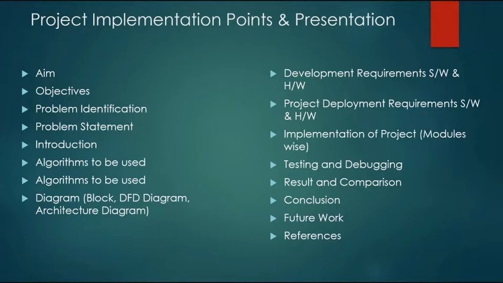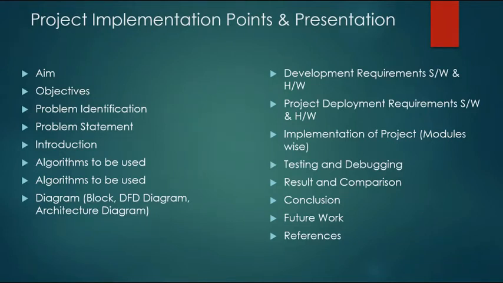Second, after the aim come the objectives. In the first video we also discussed what objectives must consist of. The objectives are the sub-parts of your aim, how you are going to achieve the aim of your project. You have to divide your aim into several milestones, and each milestone will be an objective. There are a maximum of 4 to 5 objectives.